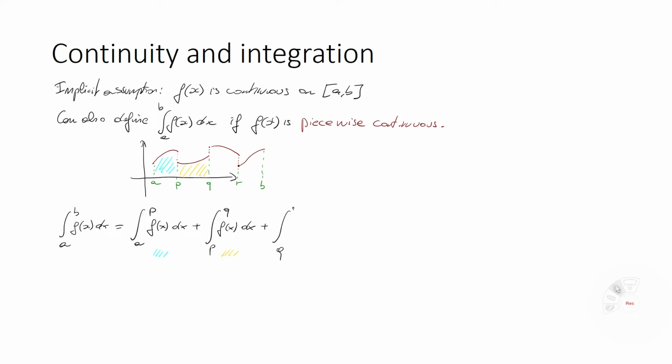Integrate from Q to R, that gives us this area. And then finally from R to B, and that gives us this area. So if you have a piecewise continuous function, you just have to determine the points where it is not continuous, and then divide up your integral to take each of those breakpoints into account.